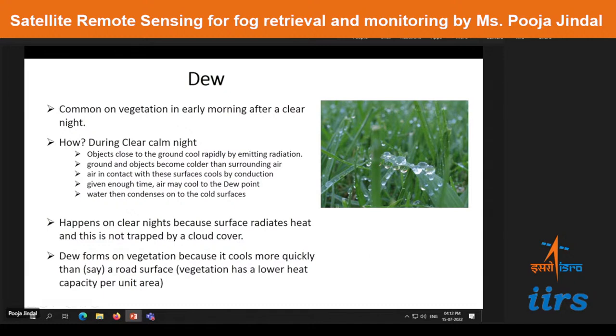Further, dew forms on the vegetation mainly because vegetation cools more quickly than other surfaces, as vegetation has lower heat capacity per unit area. Therefore, the cooling will be faster in the vegetation as compared to any other surface, for example a road surface. So usually we see dew forming over the vegetation after a clear, calm night.